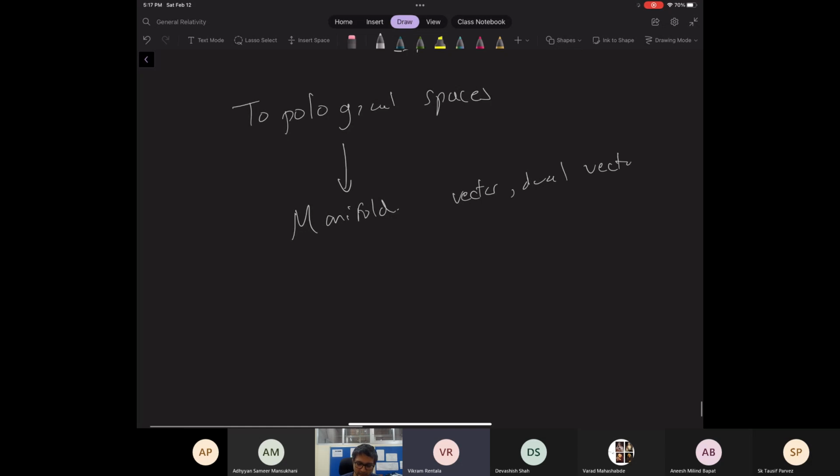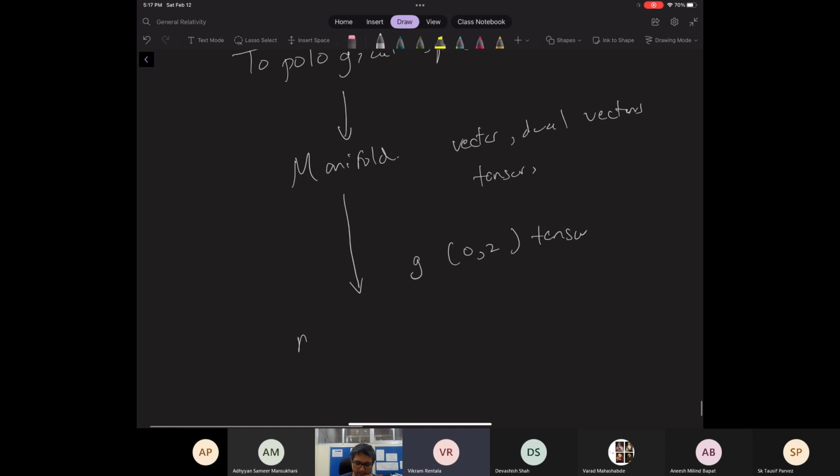But there's no preferred choice of any particular vector, dual vector or tensor on this manifold. But if I now add a particular 0,2 tensor, a specific tensor which allows me to calculate dot products on this manifold, then that becomes a metric space.